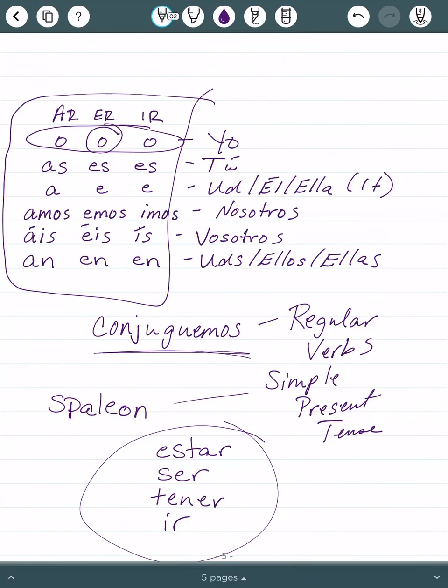So that's it. Again, work on memorizing these verb endings. That is key to making it to Spanish 2. If you are in my Spanish 2 honors class next year, we will be taking a gigantic quiz on day 1 of Spanish class. And this is going to be on there.